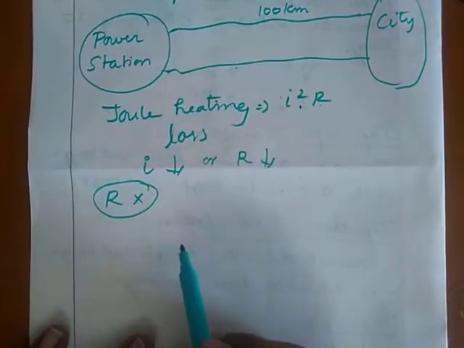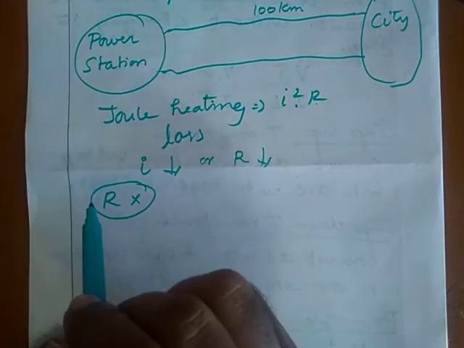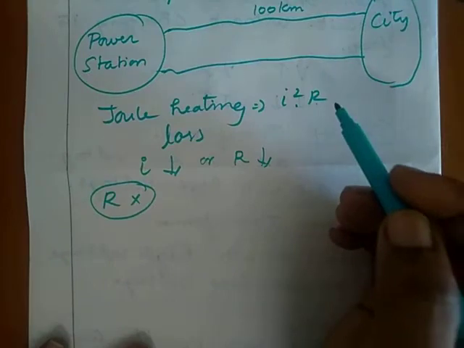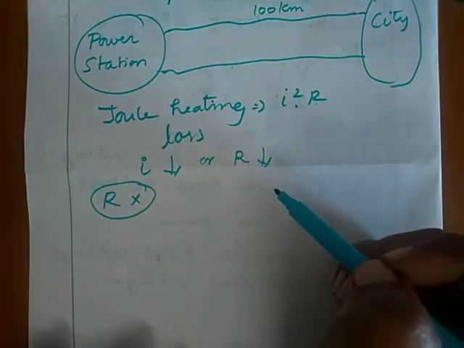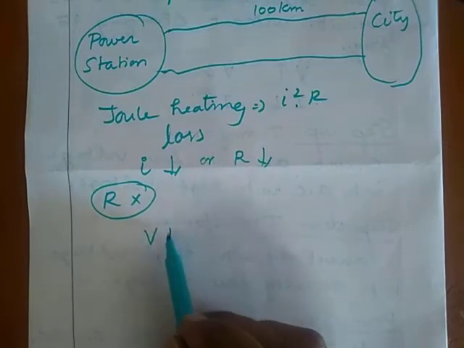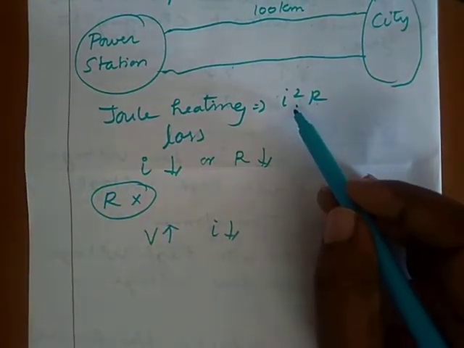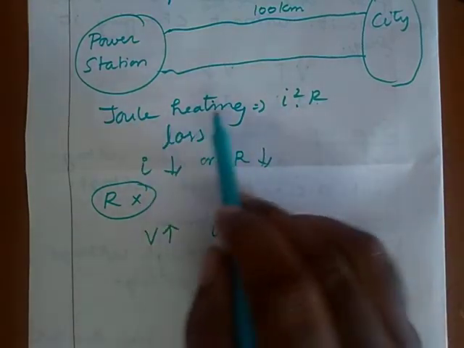Here it is a power station. At that power station we are stepping up the voltage. We know using a step up transformer we can increase the voltage by decreasing the current. We need to decrease the current to reduce the heating loss.